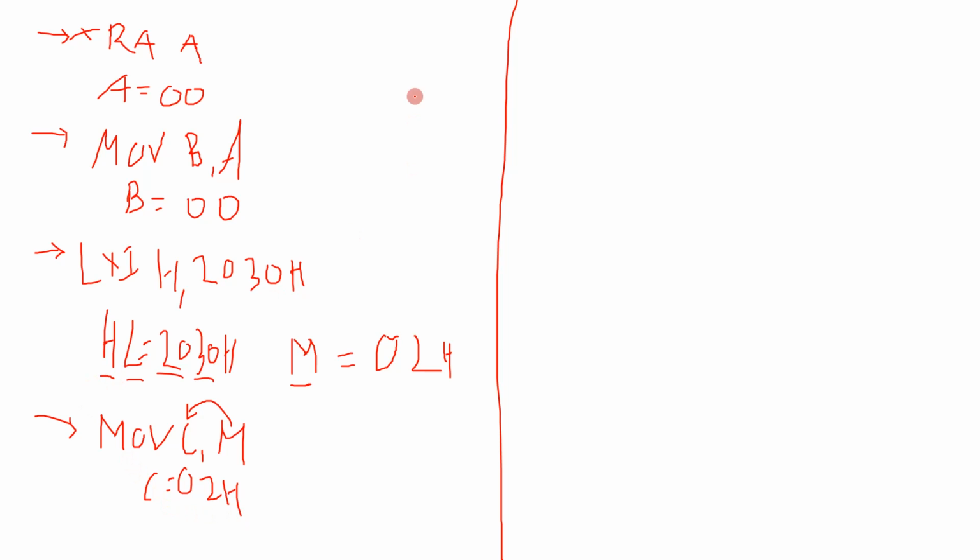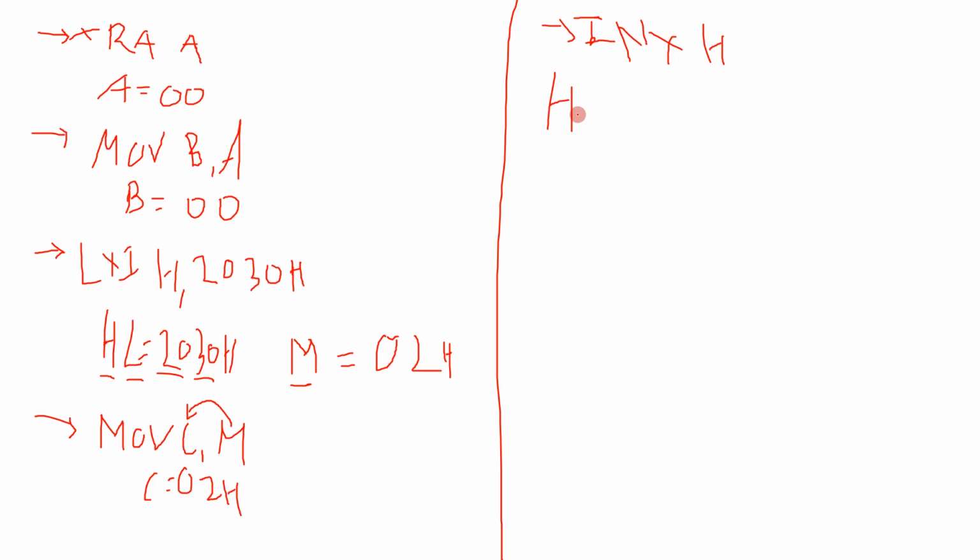After this, I will increment H, INX H. That means the HL will be incremented by 1. We will add 1 to 2030.